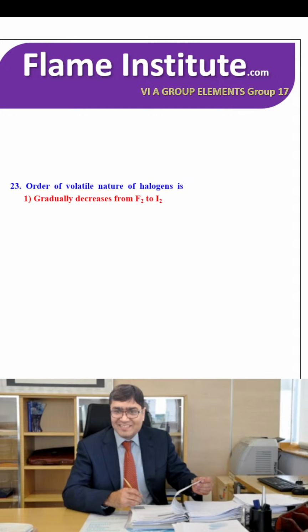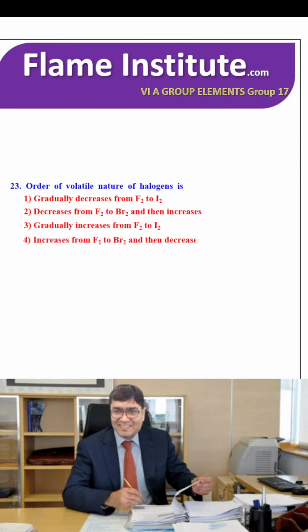The order of volatile nature of halogens: it gradually decreases from F2 to I2, decreases from F2 to Br2 but then increases, increases gradually from F2 to I2, or increases from F2 to Br2 and then decreases. The right option is: down the group, volatile nature of halogens decreases.